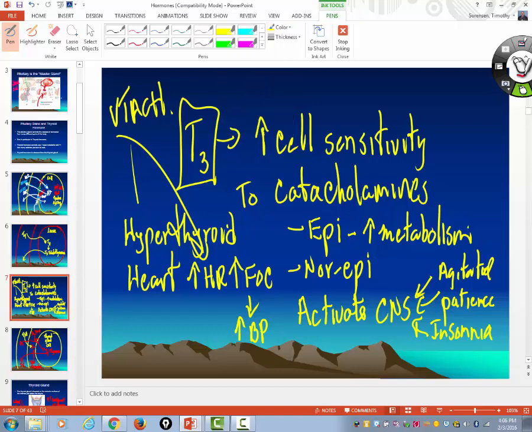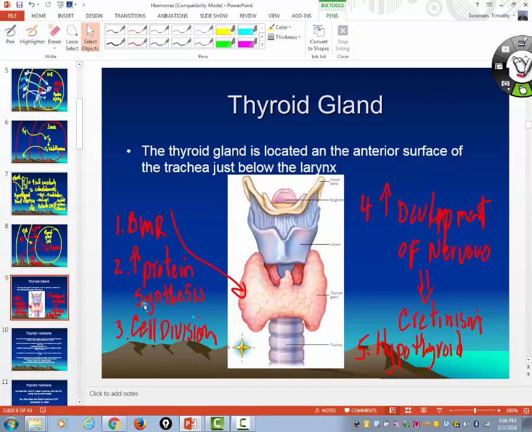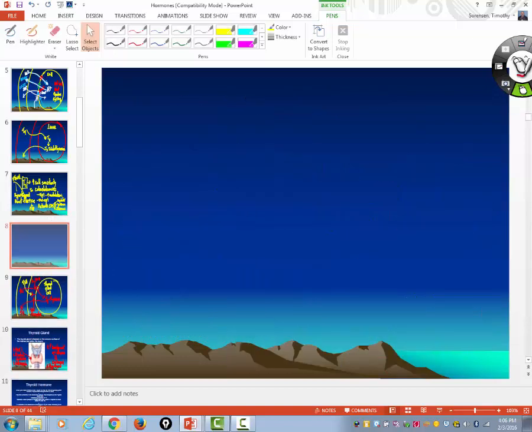Just a couple of other things too. Remember that one of the effects of thyroid hormone is to increase cell division. So if you remember, the skin cells divide rapidly.